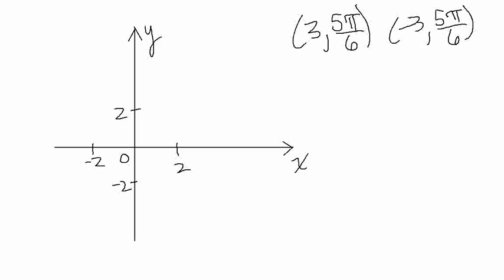Okay, so I'll go ahead and do it as well. So 5 pi over 6 is an angle that's greater than a right angle, but less than a straight angle. It's equivalent to 150 degrees. So we've got the direction established, and then we have to move a distance 3 from the origin, so that will get us approximately where that red dot is.